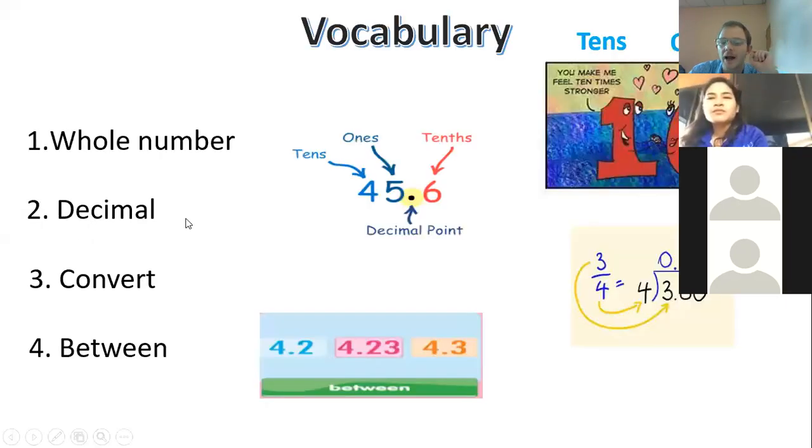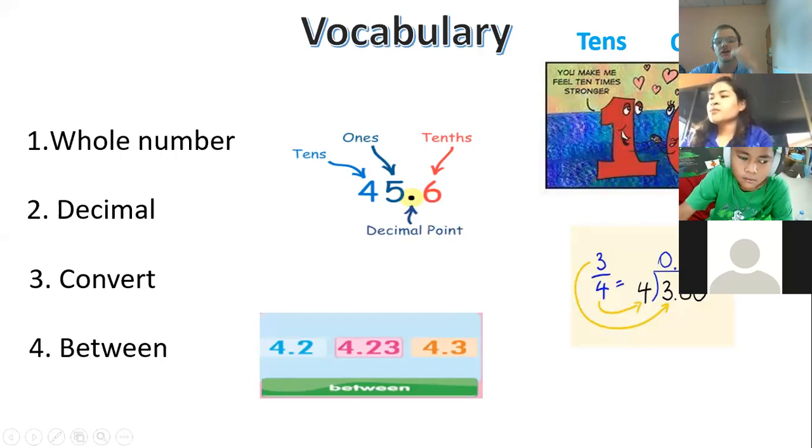So if we go back, we did the vocabulary. First things first, we had the whole numbers, where everything to the left is a whole number, like 10 is a whole number. A decimal is defined by the decimal point. And numbers to the right of the decimal point equal decimals.